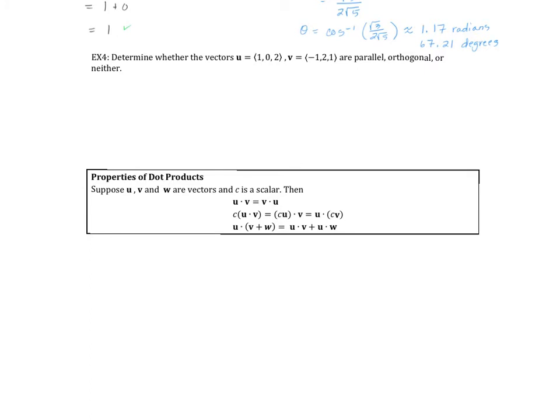Parallel vectors have theta of 0 or theta of pi. And for orthogonal vectors, their dot product is 0. So I think checking to see if they're orthogonal is usually the easiest thing to do first. So I'm going to take the dot product of the two vectors.